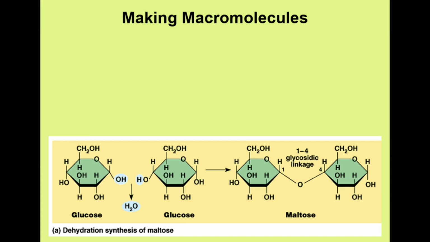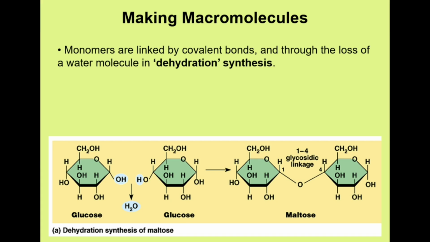Making macromolecules then. So we know that this is done through a process called dehydration synthesis. So monomers are linked by covalent bonds and through the loss of a water molecule in dehydration synthesis. A couple of important points there is that what we are creating here are covalent bonds. So we know from the last session that this is the sharing of electrons.